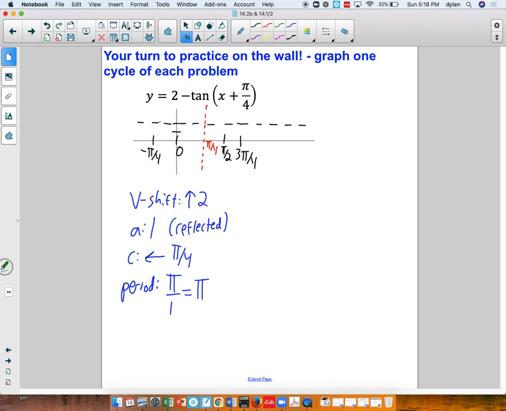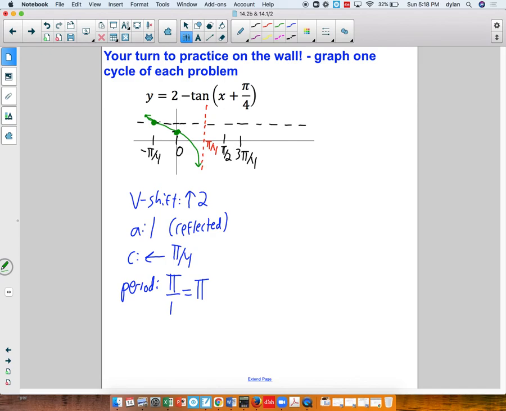So now if we go to actually plot in our points, we're going to start at our midline. But this time, rather than going up, because we're reflected, we're going down. So our point at 0 is going to occur at 1 because it's down 1 from the midline. And then we'll draw in our graph. And then on the other side, we need to end up in the same place.